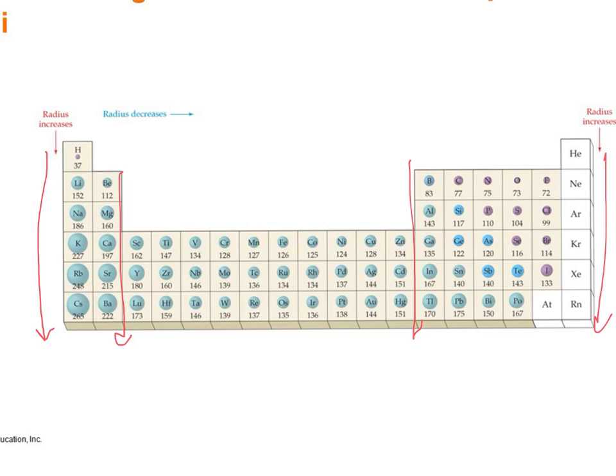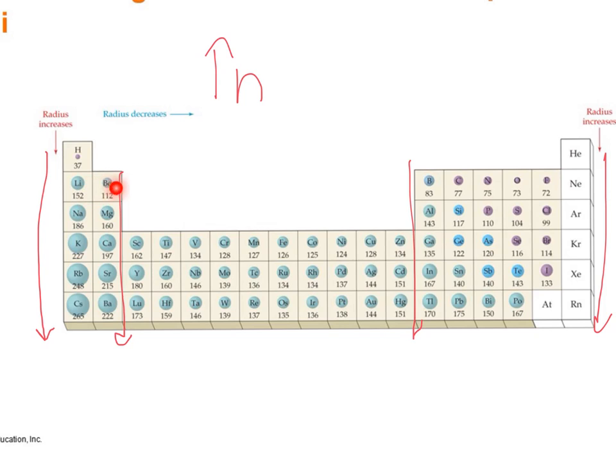Well, it makes sense. As you go down a group, you're adding energy levels. So just as an onion gets larger as you add layers, your atom's going to get larger as you add layers. That trend is very intuitive. What's not intuitive is the trend we see when it comes to atomic size as we move across a period.